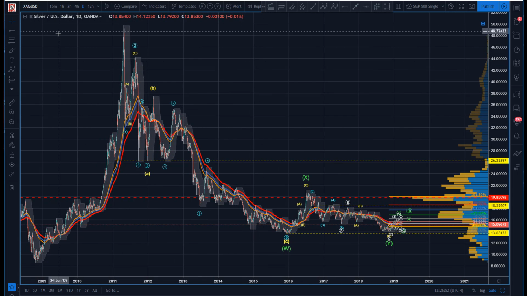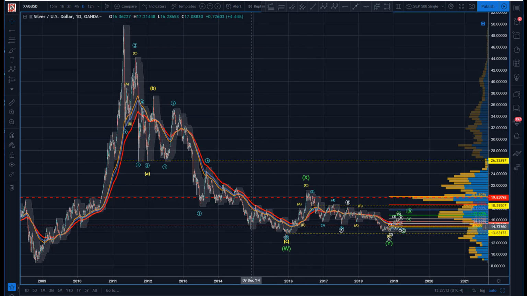But let me take you through it. Of course, there are a number of different ways here. My first thought was to trade it as an ABC into a WX, but the symmetry is so far off. I don't think that works as well, because you'd have a WX and then all of this would be the Y. It's just too long.